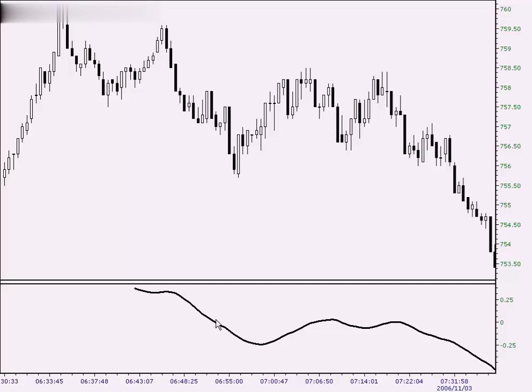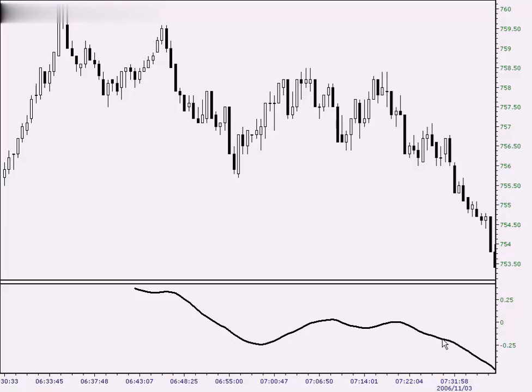Now we can't really put the momentum indicator on top of price because they have a different scaling, and so you're not going to get that same exact relationship, and you're not going to get support resistance out of the momentum indicator. But our primary momentum indicator is DAD.